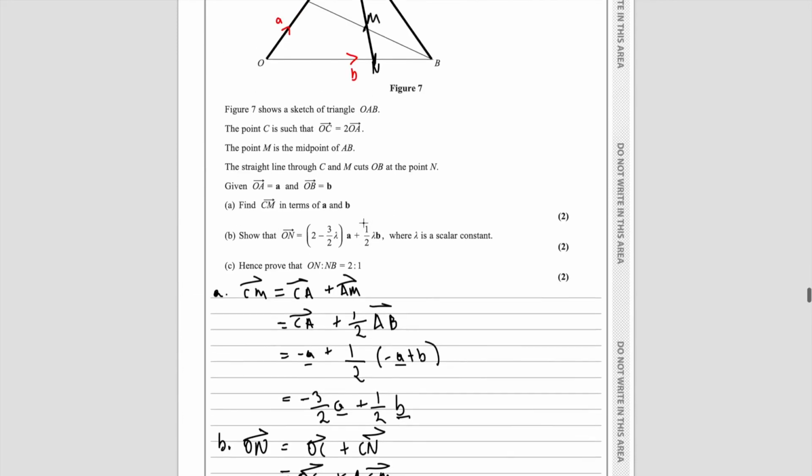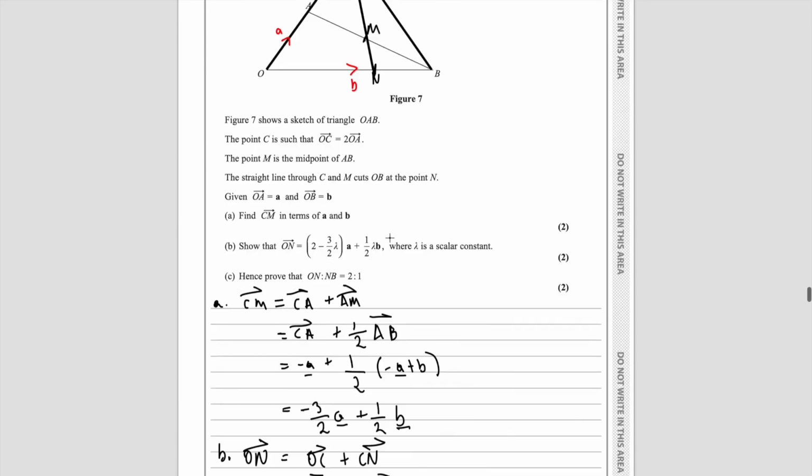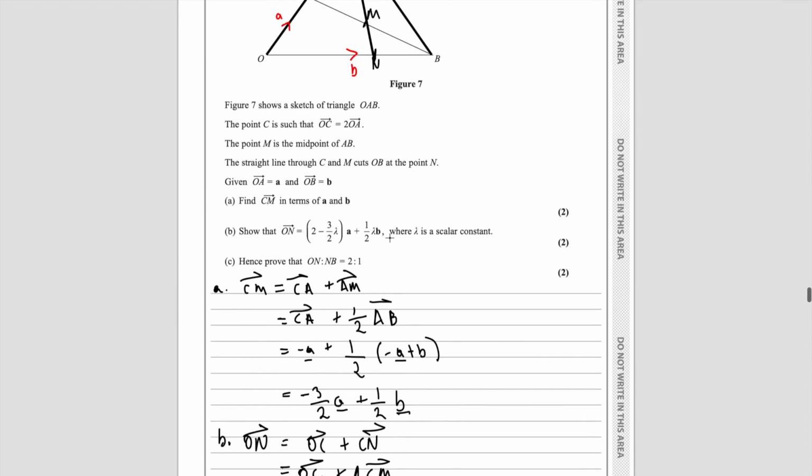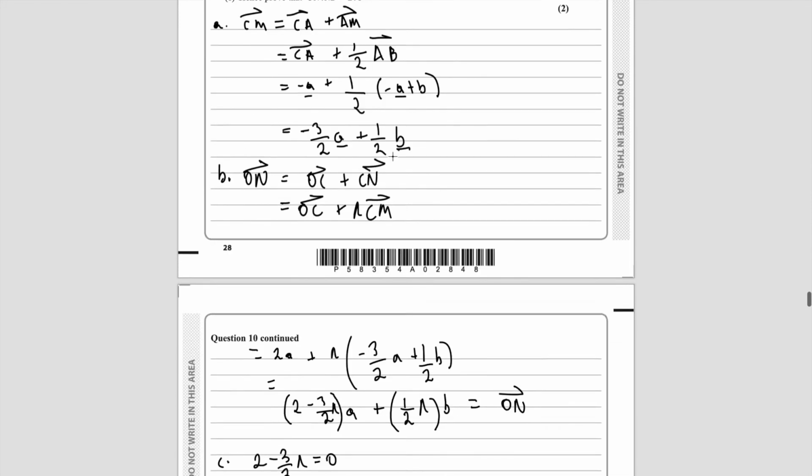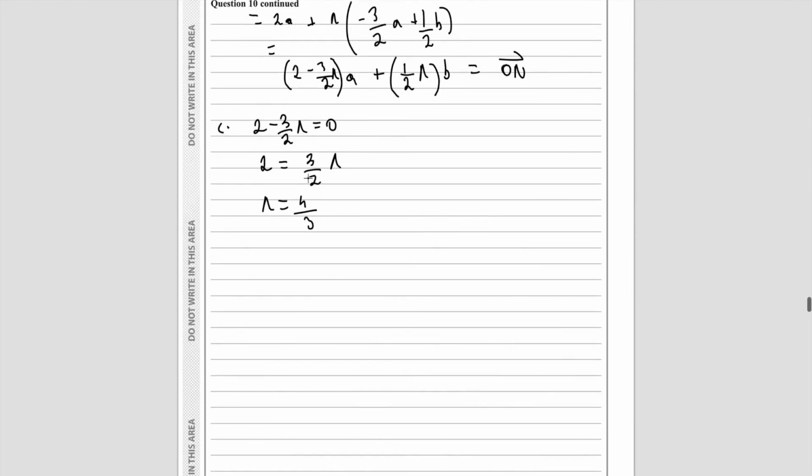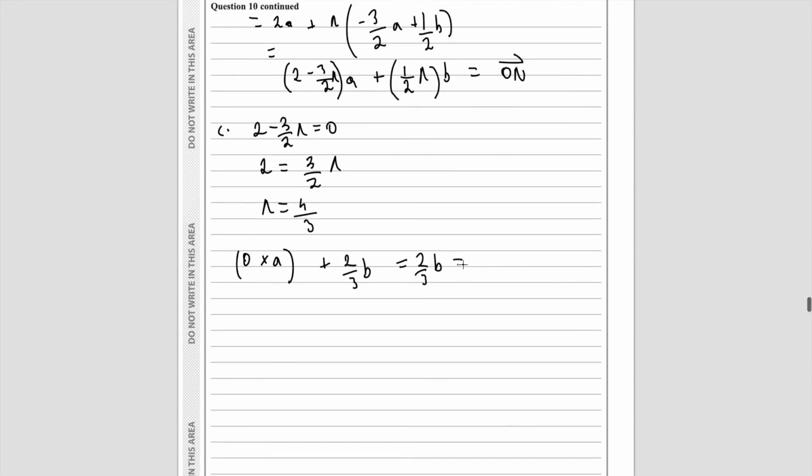We know that OB is going to equal B. We know that ON in that case, with lambda equaling 1/3, is going to be 0 multiplied by A, added to 2/3 B. And that gives a value of 2/3 B, and that's equal to ON.